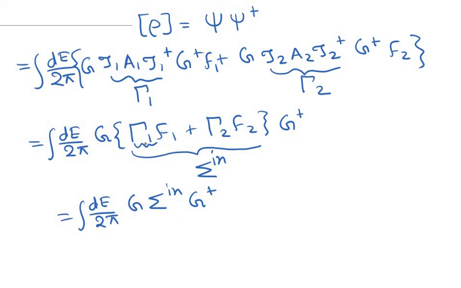So in total, this product denotes how fast an electron can come from contact 1 into the channel. This product here denotes how fast an electron can come from contact 2 into the channel. This term also denotes how fast an electron can scatter into the channel from contact 1, and that is why this matrix is known as the in-scattering matrix. It denotes how fast electrons can scatter into the channel from the contacts.